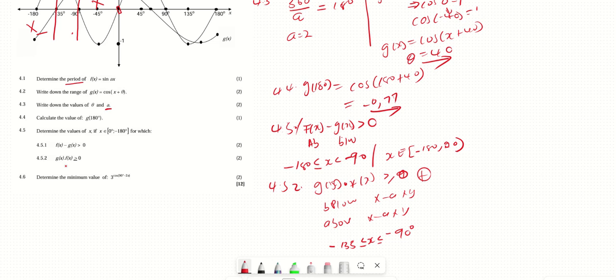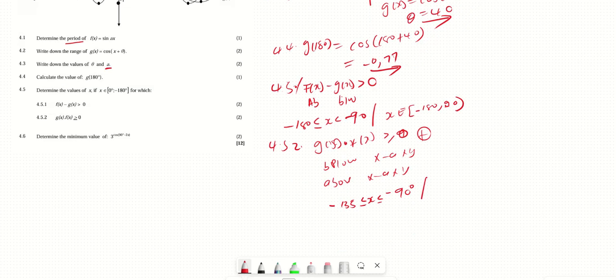That's what we are doing here. Or we can even write x ∈ [-135; -90]. That's good, that part.